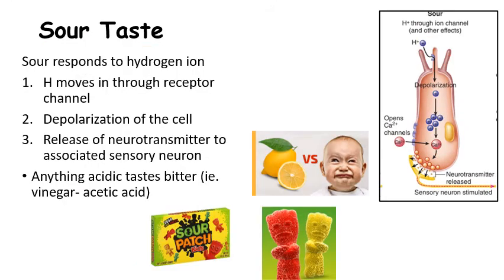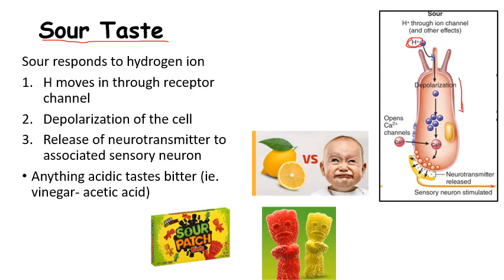So sensory reception for sour taste is going to be very similar to what took place with salty. Instead of the sodium ion, we have protons, because sour is going to be elicited by foods that are acidic. Acids produce protons, and therefore the amount of protons is what's going to stimulate the gustatory cells for the sour taste.